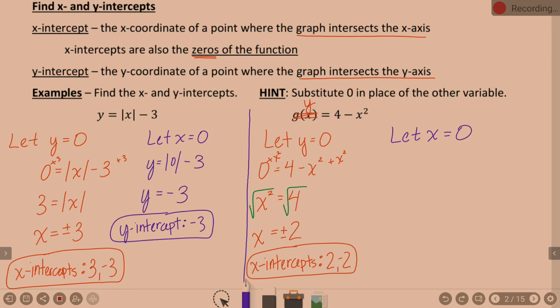Then I'm going to have y equals 4 minus 0 squared. 0 squared is 0. 4 minus 0 is 4. So we just found that our y-intercept is 4.